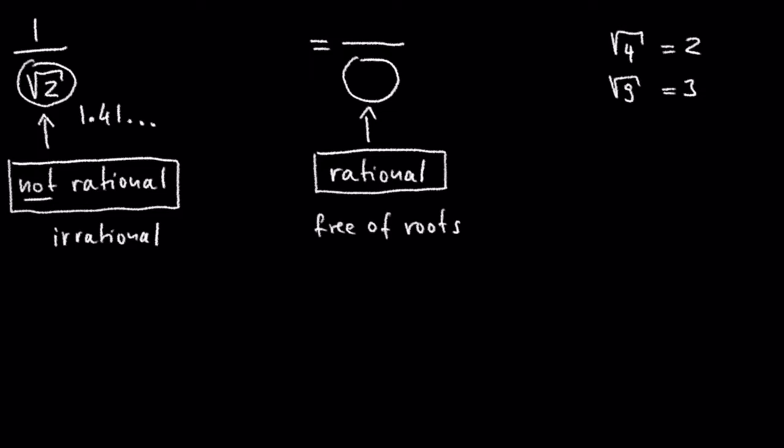But how can we remove the square root of 2? Before I tell you that, I want to say that when multiplying 1 over the square root of 2 by 1, the value of the expression does not change at all. 1 divided by the square root of 2 times 1 is still 1 over the square root of 2.